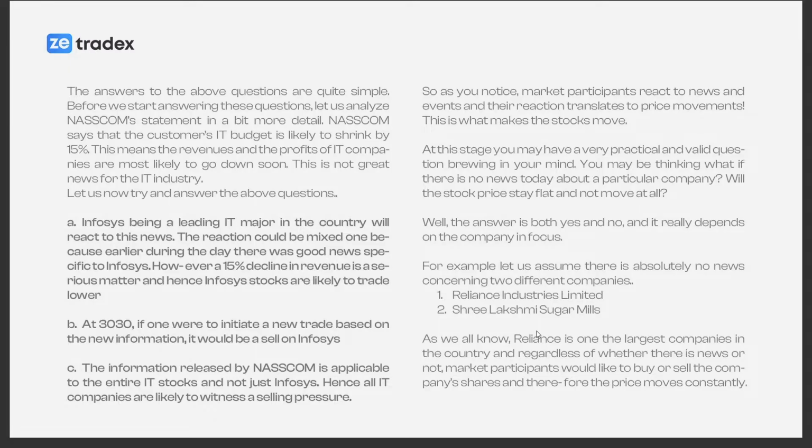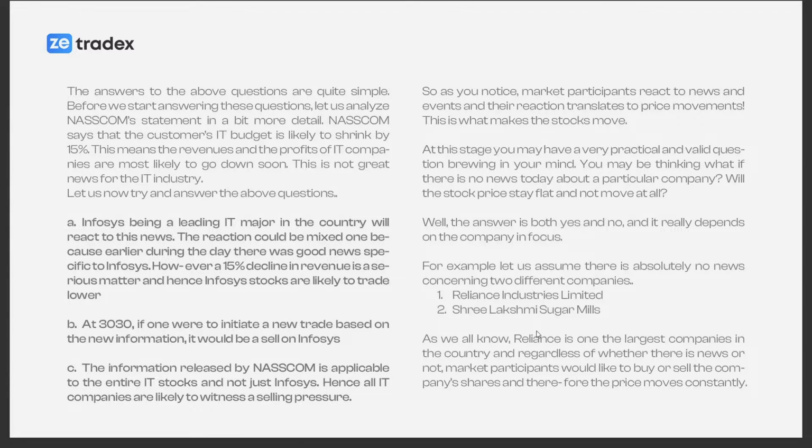For example, we are assuming there's absolutely no news concerning two different companies: one, Reliance Industries Limited, and two, Sri Lakshmi Sugar Mills. As we all know, Reliance is one of the largest companies in the country, and regardless of whether there is news or not, market participants would like to buy or sell the company's shares, and therefore the price moves constantly.